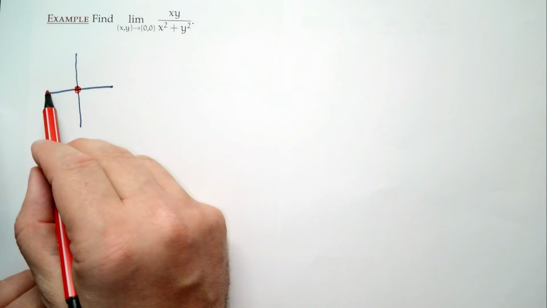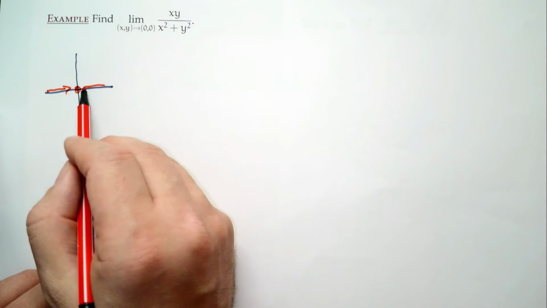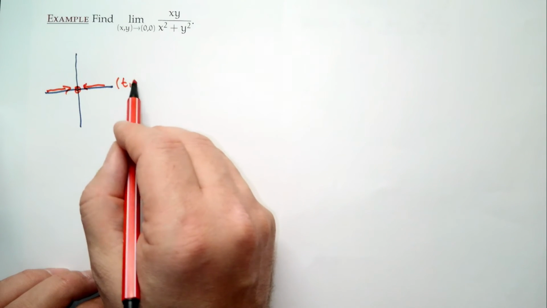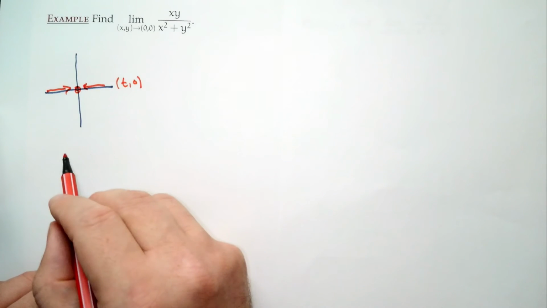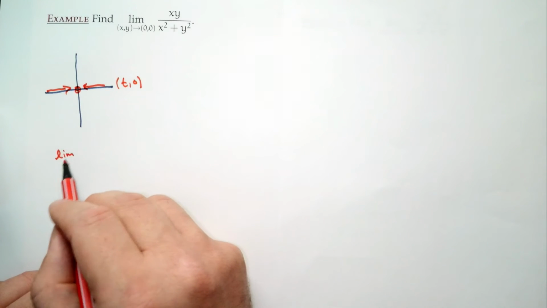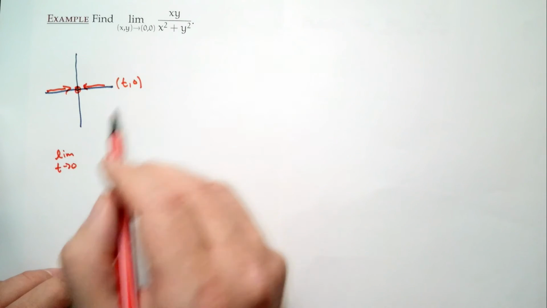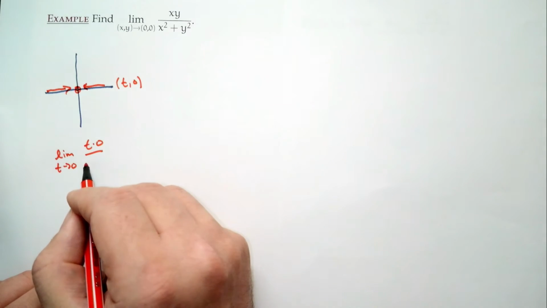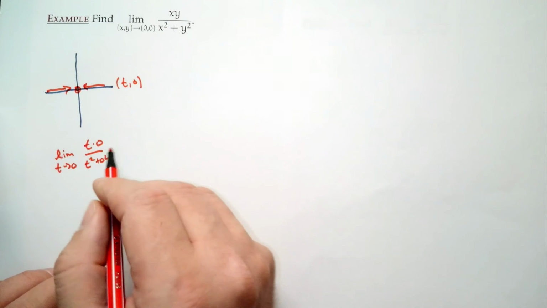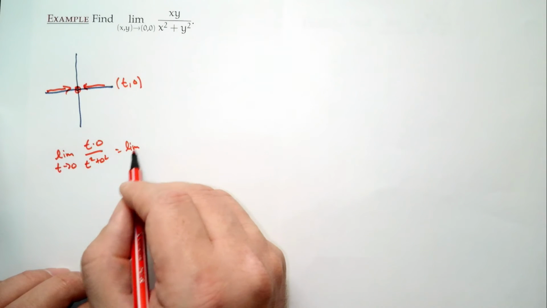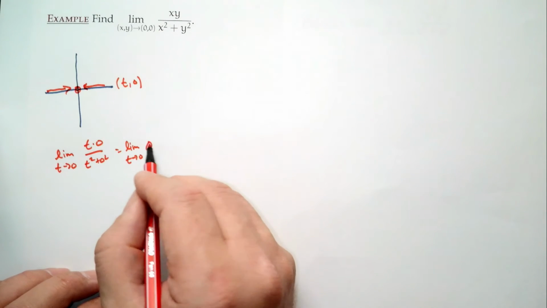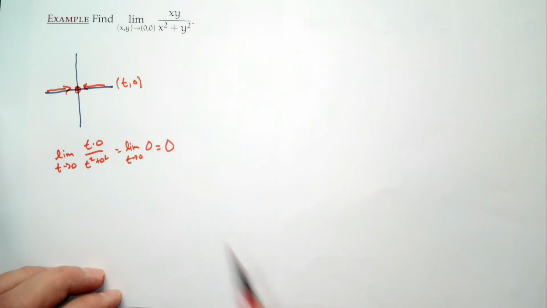Well, let's start with the sides. So if we start with the sides, what do they look like? Well, (t, 0). So we're going to take that limit as t goes to 0, and we're going to get t times 0 over t squared plus 0 squared. Well, the good news is upstairs you get 0. So 0 over something is 0, and that limit is 0.